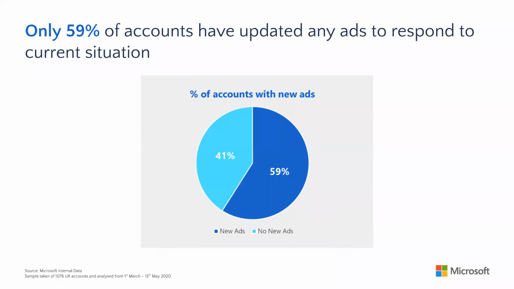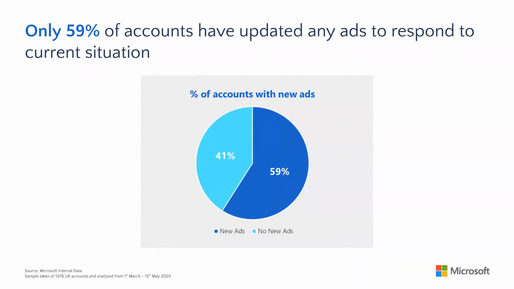This is quite an interesting piece that I dug out. I took a sample of accounts across our network and had a look at how advertisers are responding to this crisis in how they structure their campaigns. And it's quite a shocking figure.